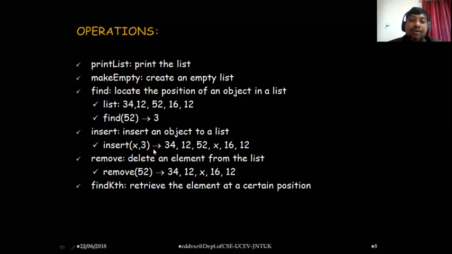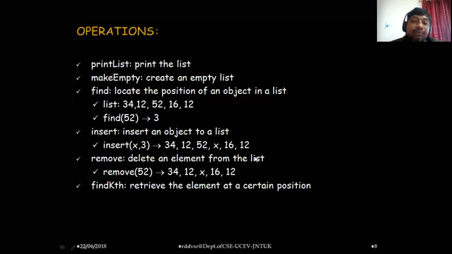I have given 3 here, that means I want to insert my x after the third position. So the newly inserted element will be inserted after the index that is given here. X is to be inserted after the third location, that is at the fourth location.